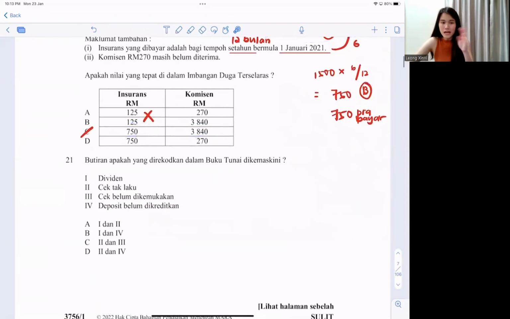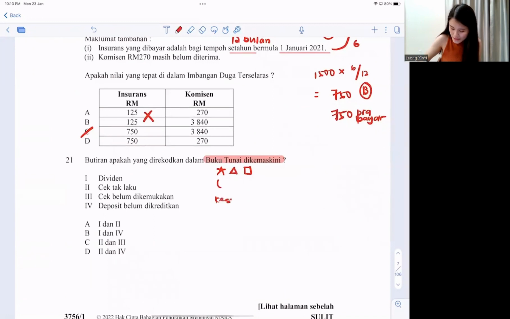Okay, now from now on at the back is more form 5 and calculation and more lah. Okay, so 21. Butiran apakah yang direkod dalam buku tunai dikemas kini? Only 3. Do you guys remember? This one. Okay, what is the star? Star is kesilapan.